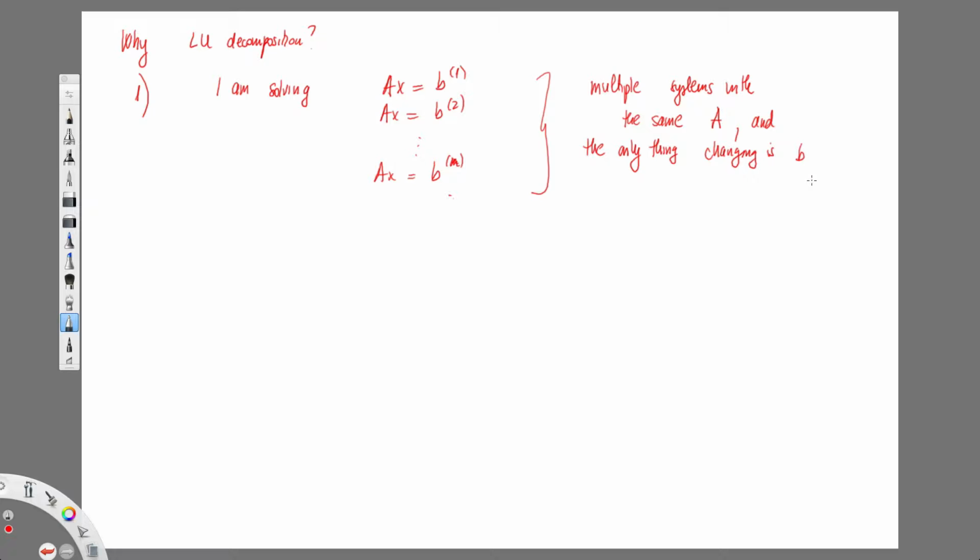So I'm wondering if I could essentially solve some part of this problem just once and then just work on the remainder, and that will speed me up. And that's what LU decomposition basically is.